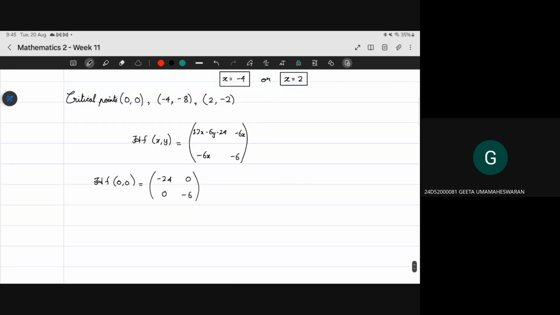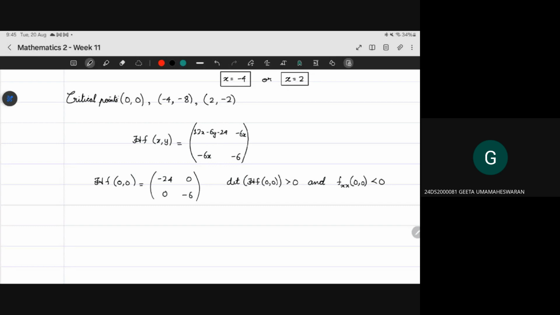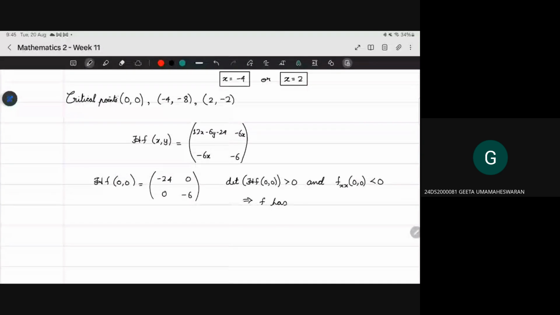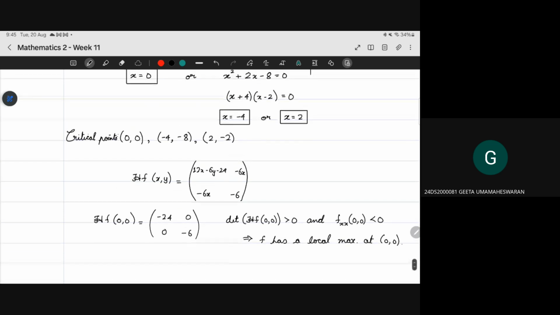The determinant is a positive number. And fxx at (0, 0) is negative. So what does this mean? It's a local maximum at 0. Similarly, you can analyze the other points and do the thing.